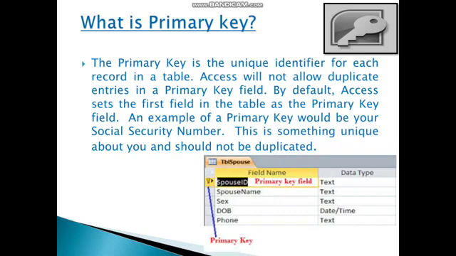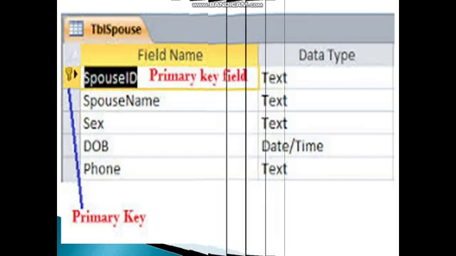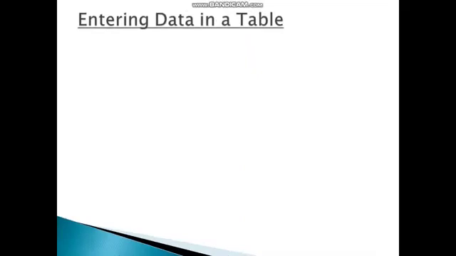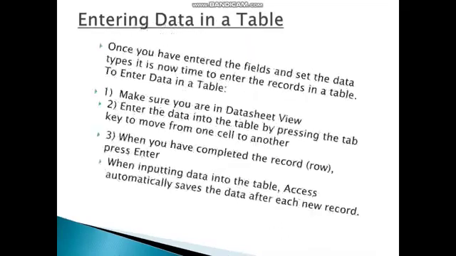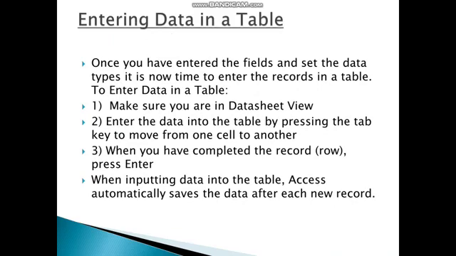There is an example given. Primary key is by default set in the first field, and the key symbol you can see on the left side of the field name. You can see the picture. Then how can you enter data in a table? You already understood this. Once you have entered the fields, that means you designed the table and set the data types, you can enter records in a table.